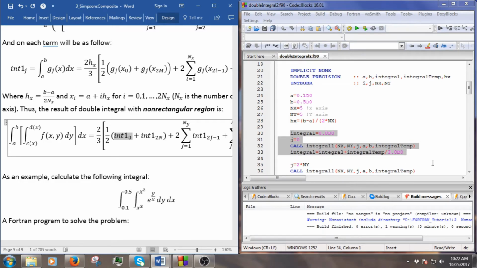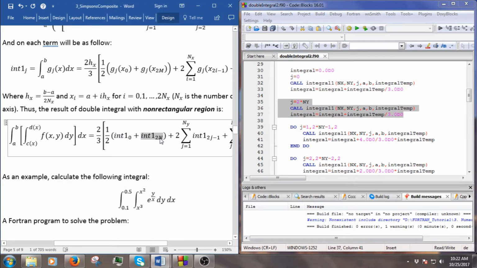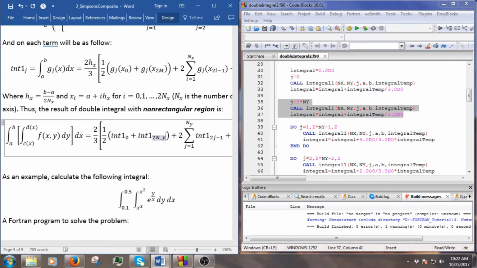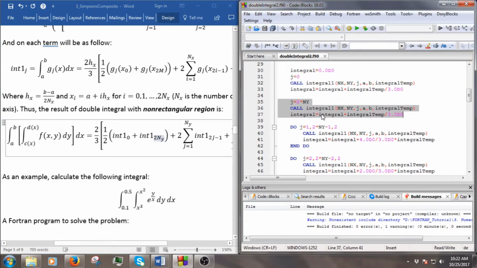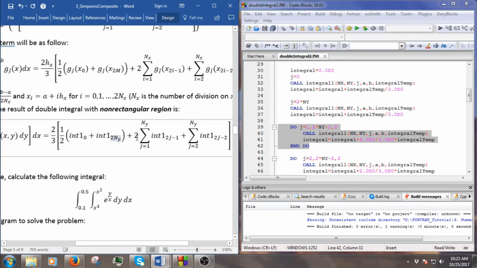So we have this, and the next line calculates j equals 2 multiplied with 2 times n_y. So we have this. Remember, this is n_y. Okay. So we have a similar expression as we did in the text, and the next is calculating this part, the next term.